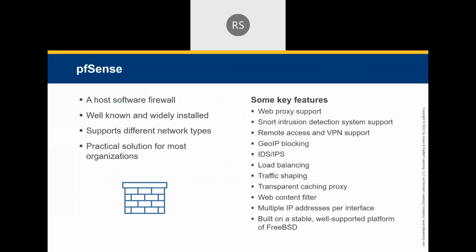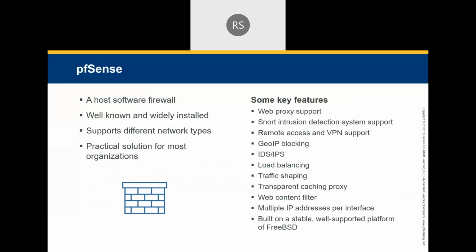Some key features include that it has web proxy capabilities, Snort intrusion detection system support, remote access and VPN support, and it allows blocking and allowing traffic based on geographical locations using GeoIP blocking.